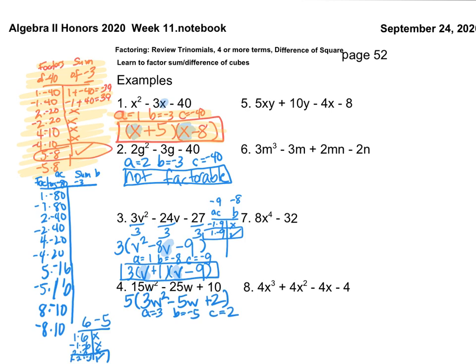Now, since my A value is not 1, I cannot do it the same way I did number 3 because that A value is 1, and number 1 because that A value is 1. There are several different methods, but I would like to see you use this method.